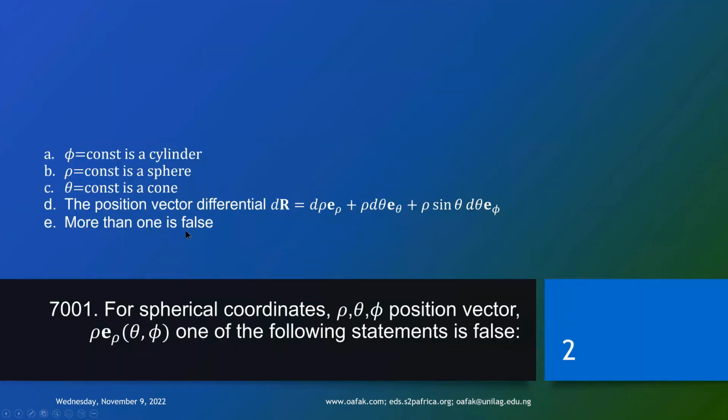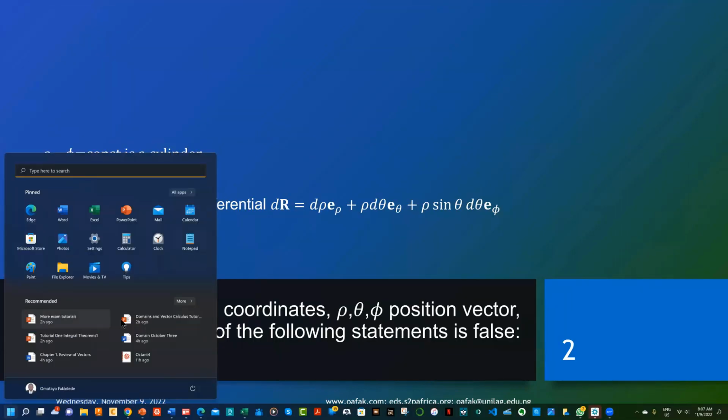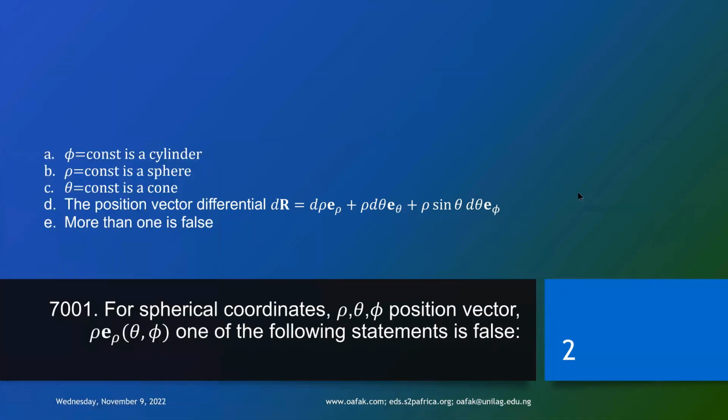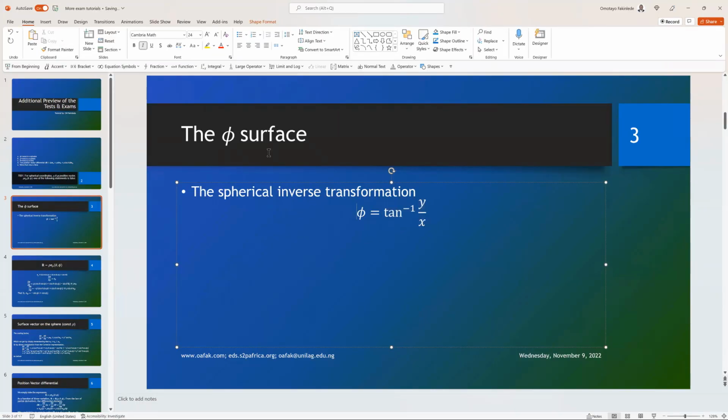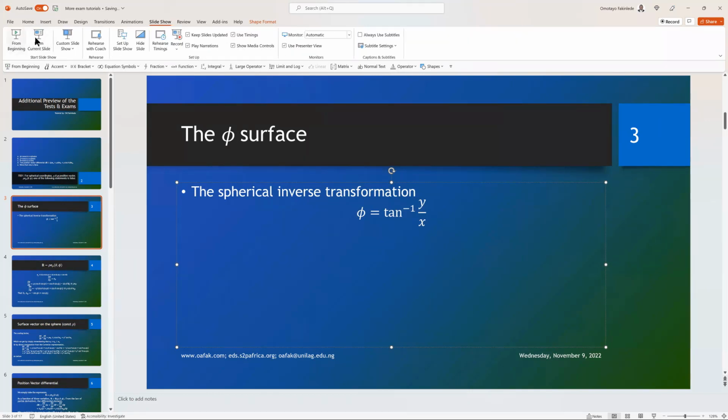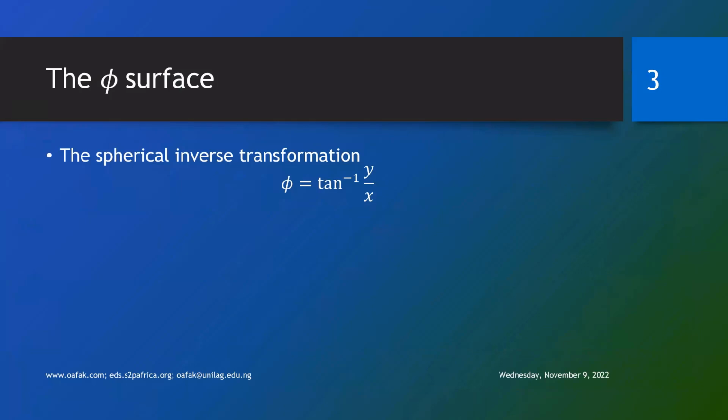Let me create a new page because this is very important. Let's go back to our slide projection. You see the transformation, if you want to go from rho theta phi back to xyz, this is the transformation.